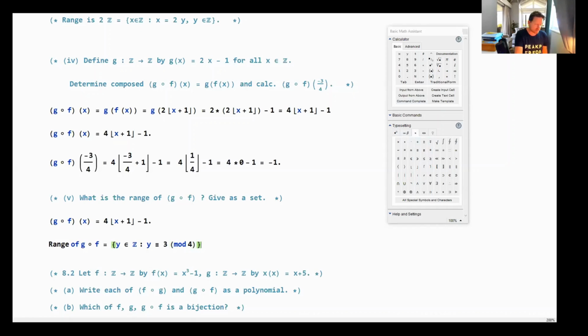Okay, so it's the set of all integers congruent to 3 mod 4. You could equally say the set of all integers congruent to minus 1 mod 4 as well, and that would be perfectly fine. Okay, let's make that a comment. And this as well.